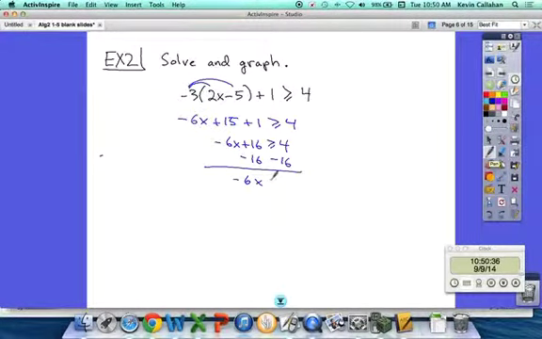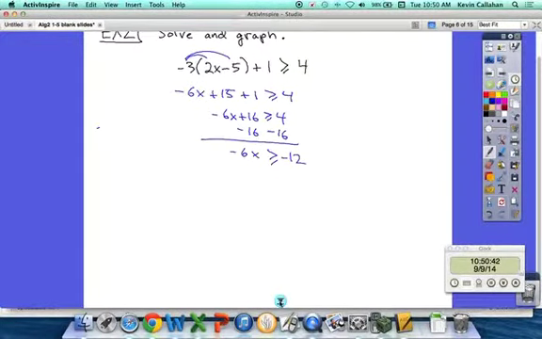Negative 6x is greater than or equal to negative 12. Last step, divide by negative 6, which means I have to flip the sign, right? That's going to change this greater than or equal to a less than or equal to.